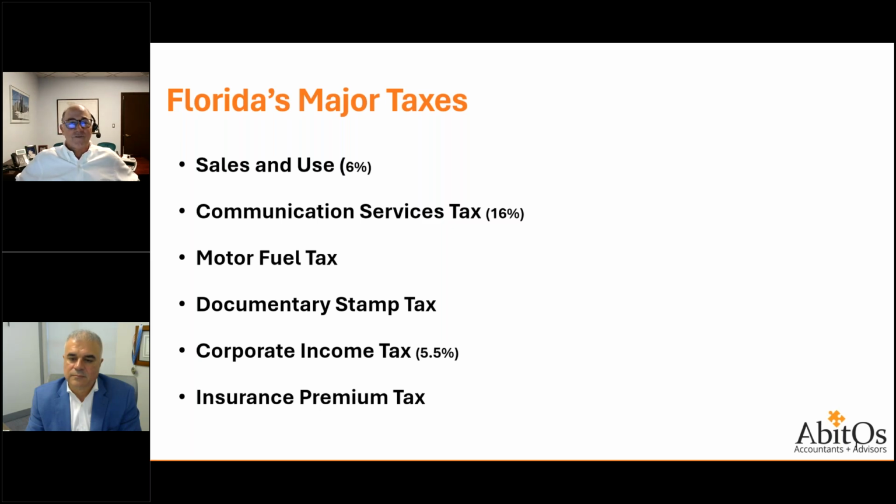If your US profits were $1 million and apportionment says that 10% of your profits were earned in Florida, then your $100,000 in Florida profits are exposed to a 5.5% tax. And then we have Florida's insurance premium tax. We don't think much about it, but it's on every insurance bill.